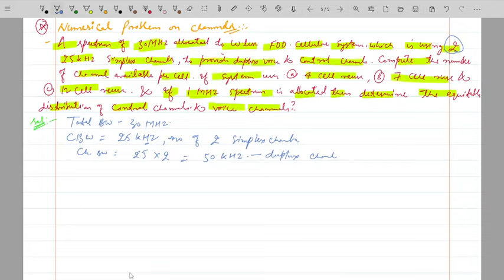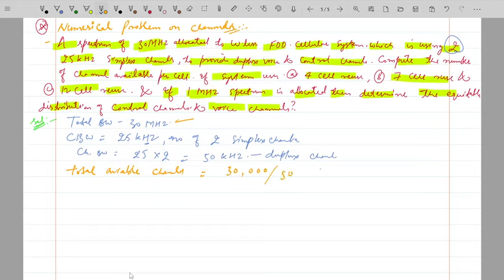So we need to find out the total available channels, how many channels are available. The total available channels are equal to the total bandwidth, 30 megahertz, that is 30,000 kilohertz, divided by the total channel bandwidth, 50 kilohertz.